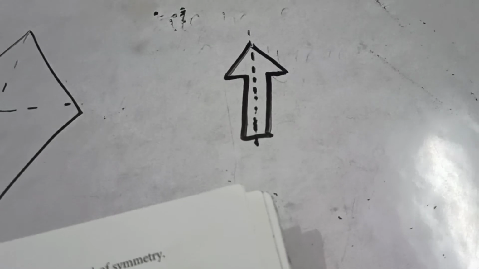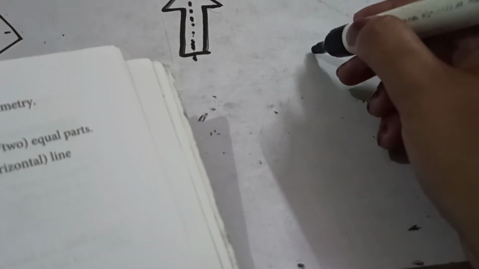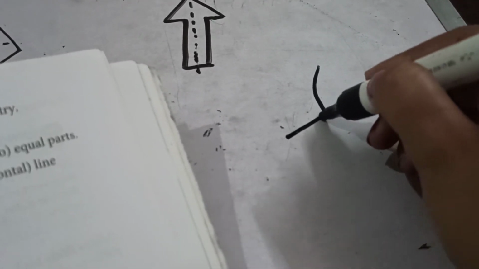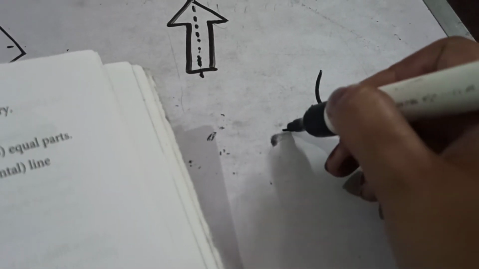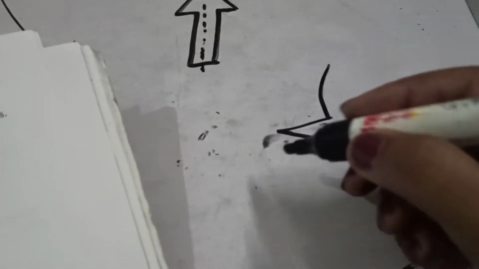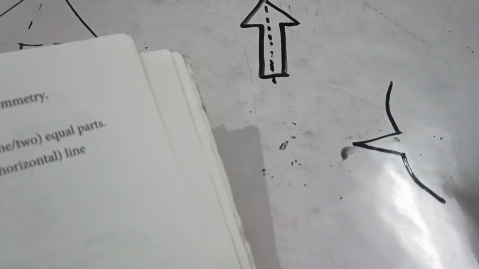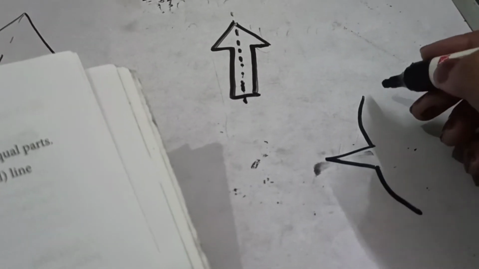Clear? Next is, one shape is given like this. Then like this, and downside. It is given that draw the other half of the symmetrical figure given below.